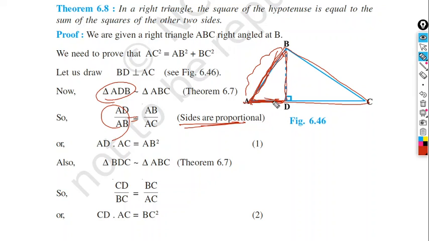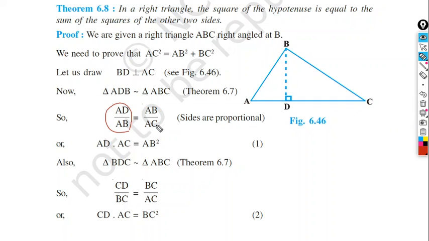So this small triangle corresponds to which side of triangle ABC? Side AC. So that will be equal to AB by AC. Okay. Now AD by AB equals AB by AC. So now you cross multiply them. AC into AD is equal to AB into AB. So AD into AC equals AB square. Make it statement 1. Okay. So we have got one statement.